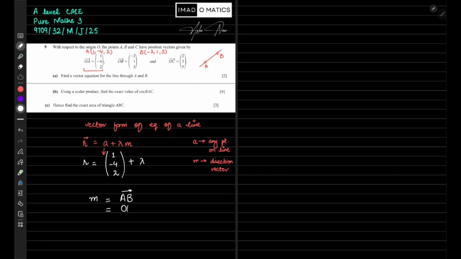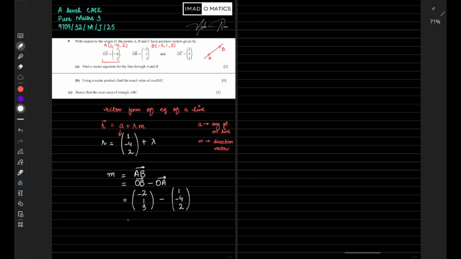AB is actually, in terms of position vectors, OB minus OA. So what is OB? OB is (-2, 1, 3), and OA is (1, -4, 2). So subtracting them will give you -2 - 1 is -3, 1 + 4 is 5, and 3 - 2 is 1.